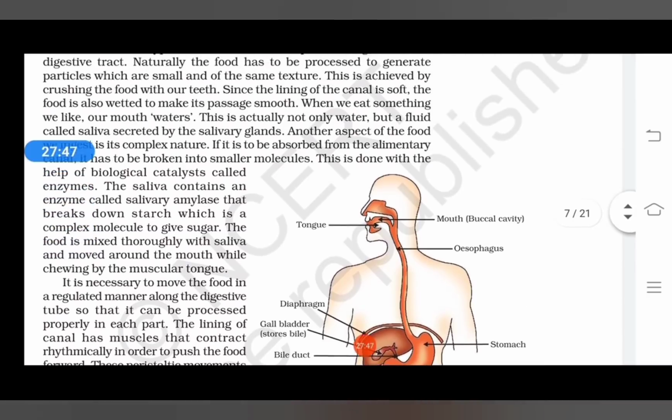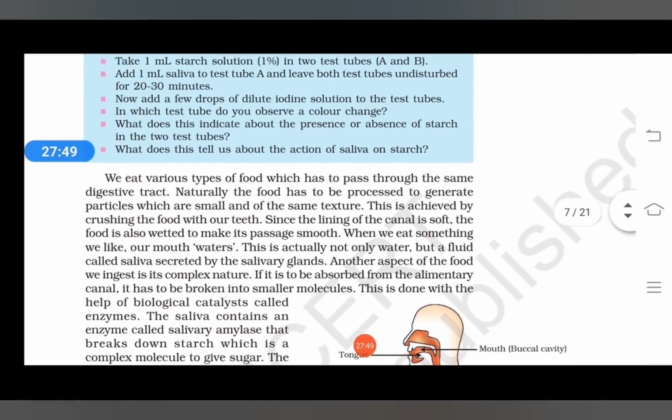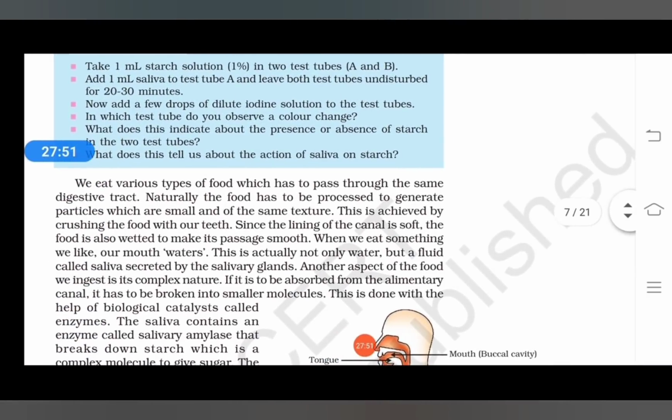So what is the process, how is the food taken and how does it work? We eat various types of food which have to pass through the same digestive tract. Naturally, the food has to be processed to generate particles which are small and of the same texture. This is achieved by crushing the food with our teeth. Since the lining of the canal is soft, the food is also wetted to make its passage smooth.